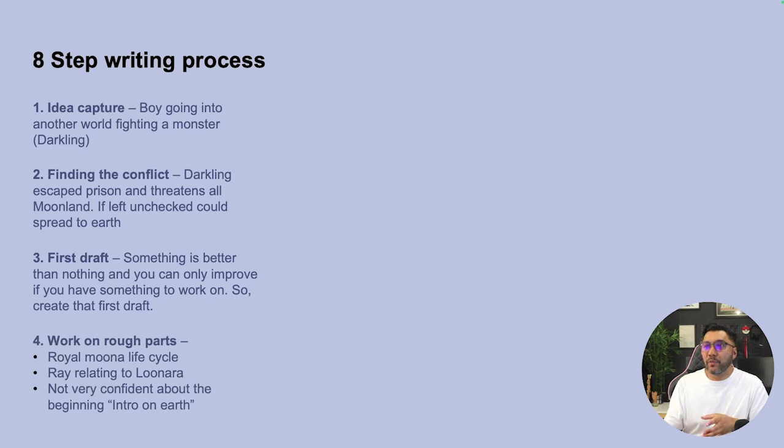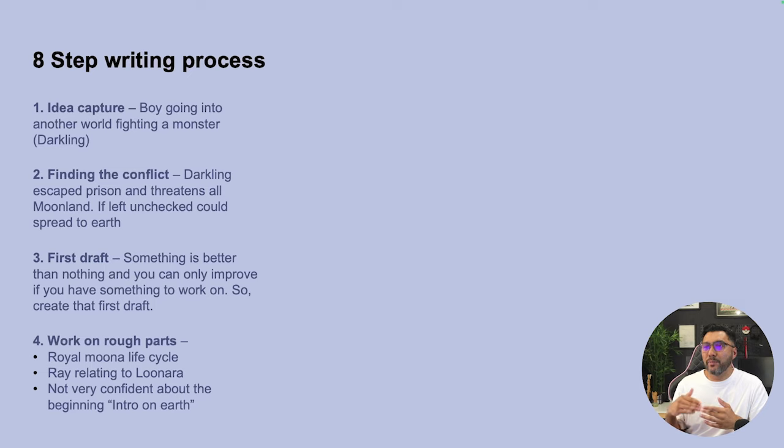Step number 4, once you have your first draft, you obviously want to work on the rough parts. For me, for example, there were a lot of elements in my first draft that were a bit too complicated, and required a lot of illustration or a lot of explanation. So there were some areas that were a struggle for me in my first draft.